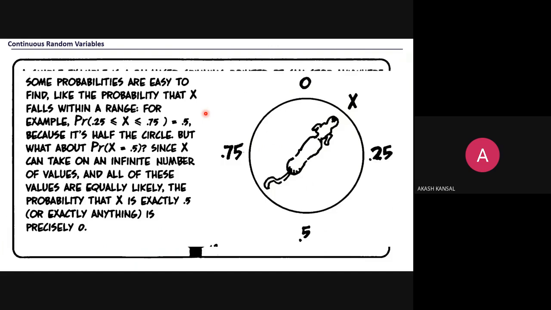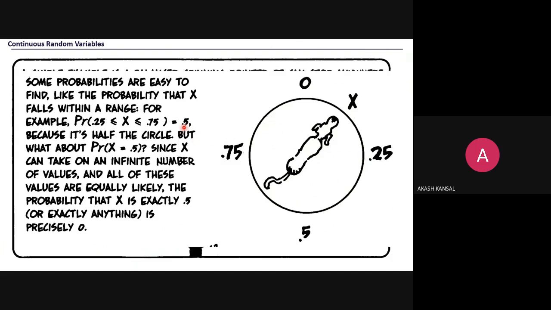If I ask what is the probability that this pointer is going to land in the upper half of the circle, by intuition we can say that this is going to be half, because the full probability of landing inside the circle is 1. So obviously for the half area, the probability would be half.